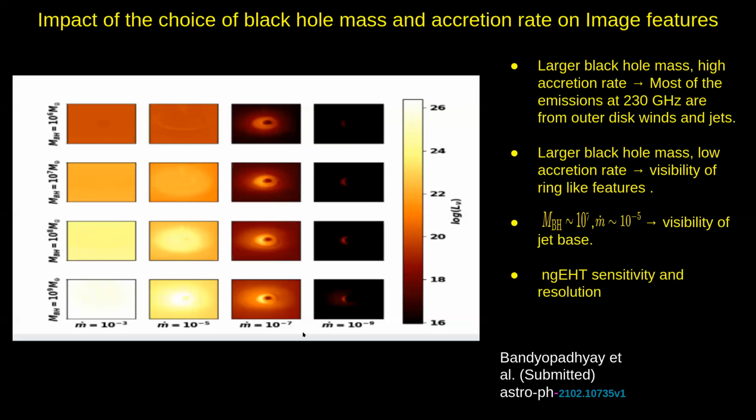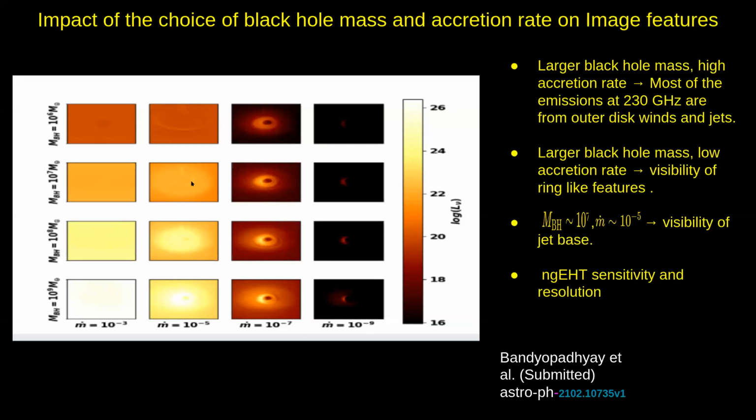And as expected, for higher black hole mass and very low Eddington ratios, which means very low accretion rates, we resolve the innermost structures. Whereas if the accretion rates are high, meaning densities are high and you see a lot of flux and the optical depths are really high, you cannot resolve features.